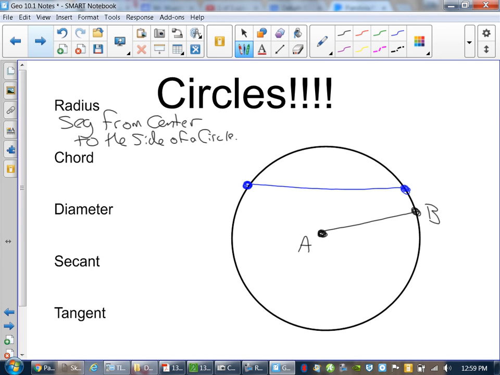So it's a segment with endpoints on the circle. So C, B. Chords go from one edge of a circle to the other edge. And there's an infinite amount of chords that can be drawn.